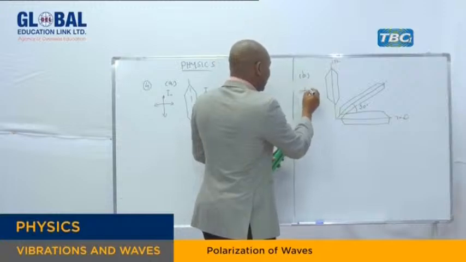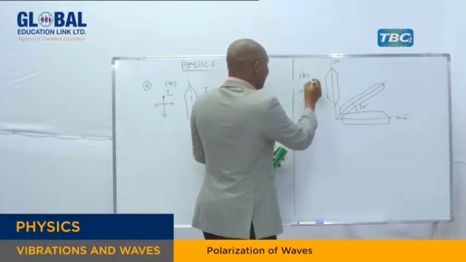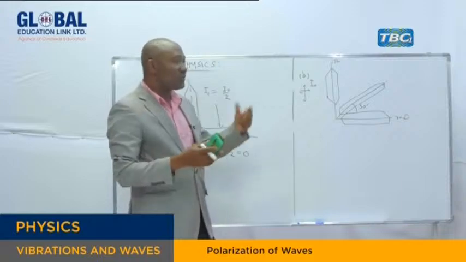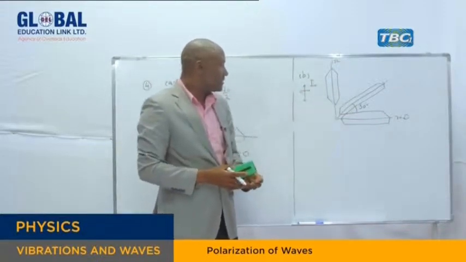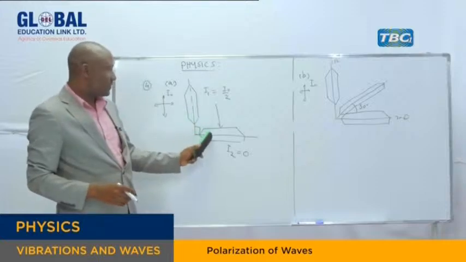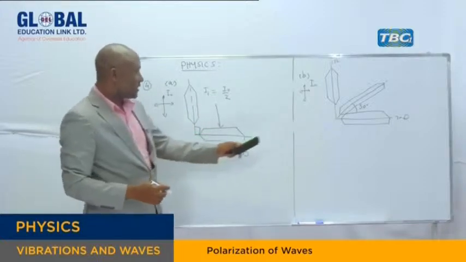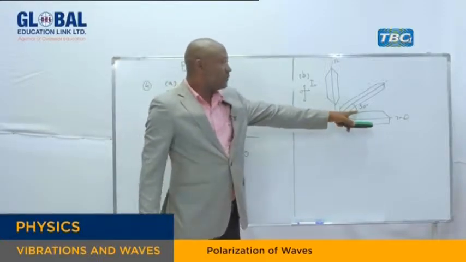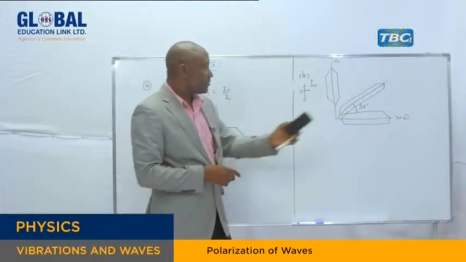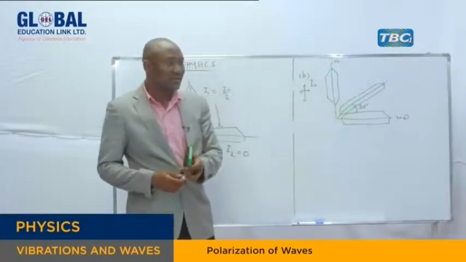So our original unpolarized light has intensity of I naught. You should know how to draw these diagrams. Since the first two axes were at right angles, the angle between the two axes is 90. And we introduce another polarizer in between them, making an angle 30 with the second here.